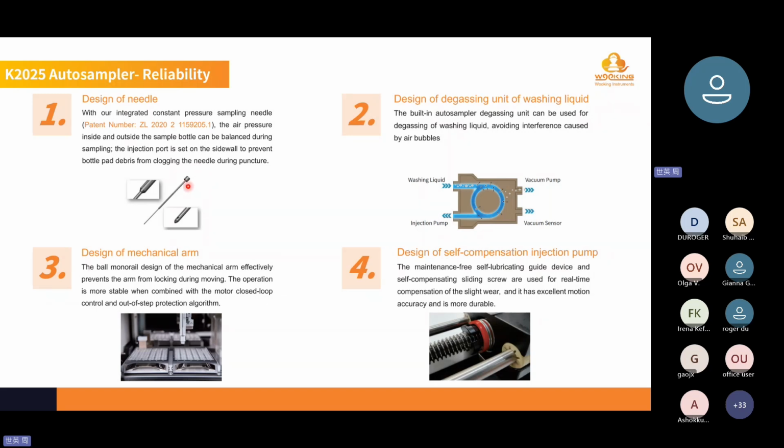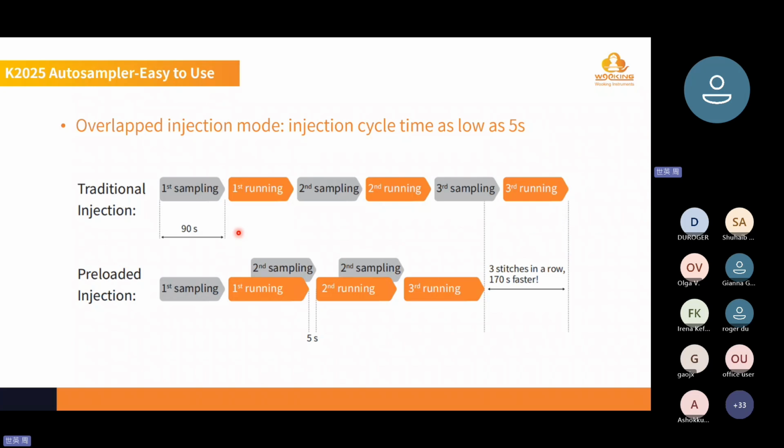In terms of reliability, there are four aspects of reliability design. For example, the injection port is set on the side wall to prevent bottle pad debris from clogging the needle during puncture. Moreover, the autosampler has a patented overlapped injection way.